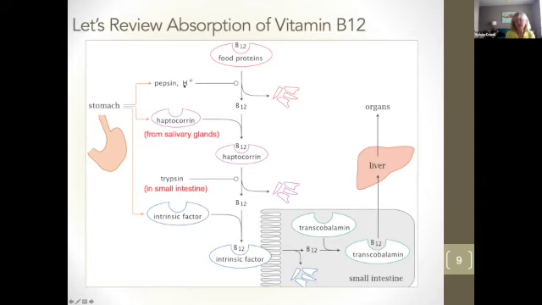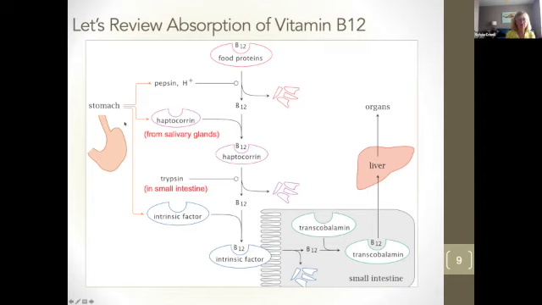In particular, hydrochloric acid. So instead of this intact protein, it's showing you all the pieces. It was broken down, and B12 has now been liberated from the protein it was bound to in your food. So basically, you just converted it into a simple vitamin B12 molecule.